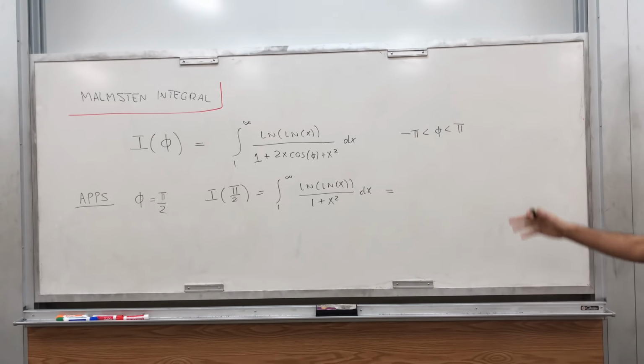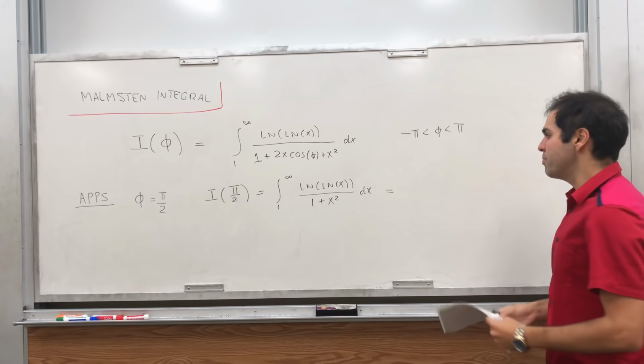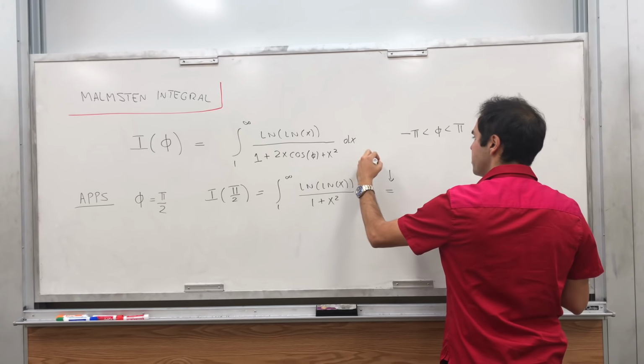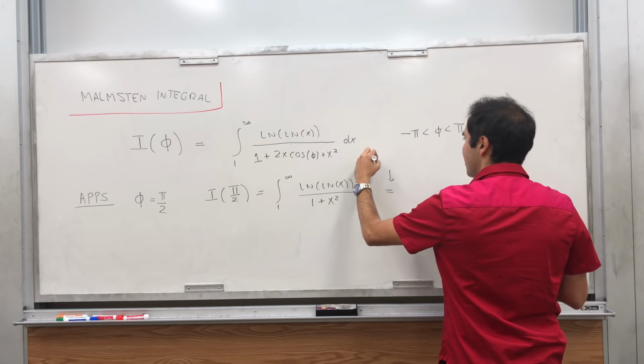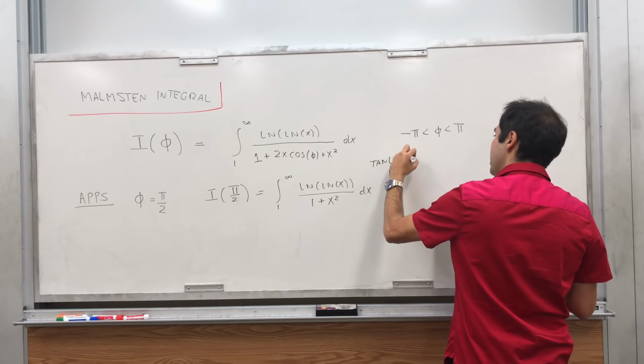And this one might not look like something we evaluated, but I have done it because it turns out if you use the substitution, let's say tangent of theta equals x.